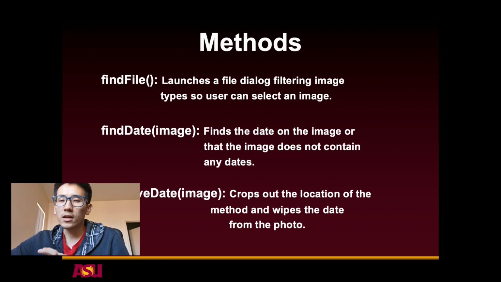We're using find date to find out which region the date was included. And after we find the date information in that region, we'll try to remove the date, the timestamp, on the region, and after that we will cover the original picture, using the crop area.